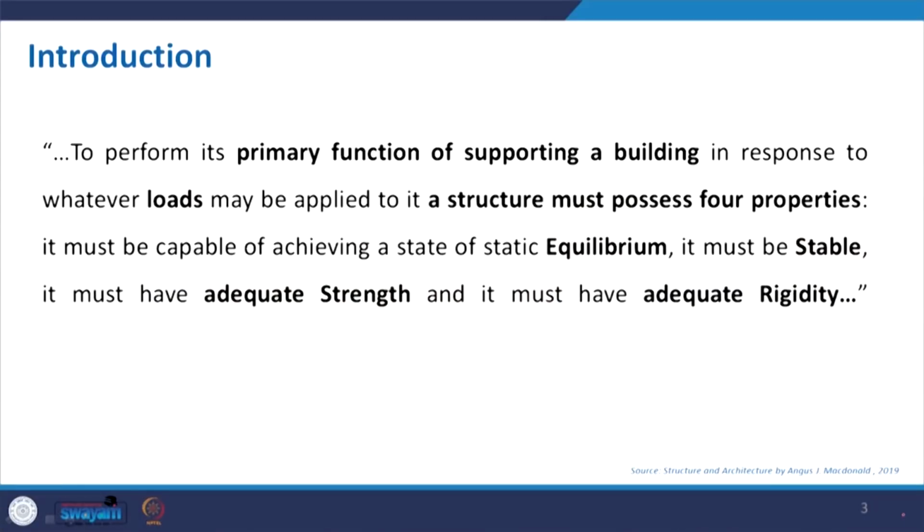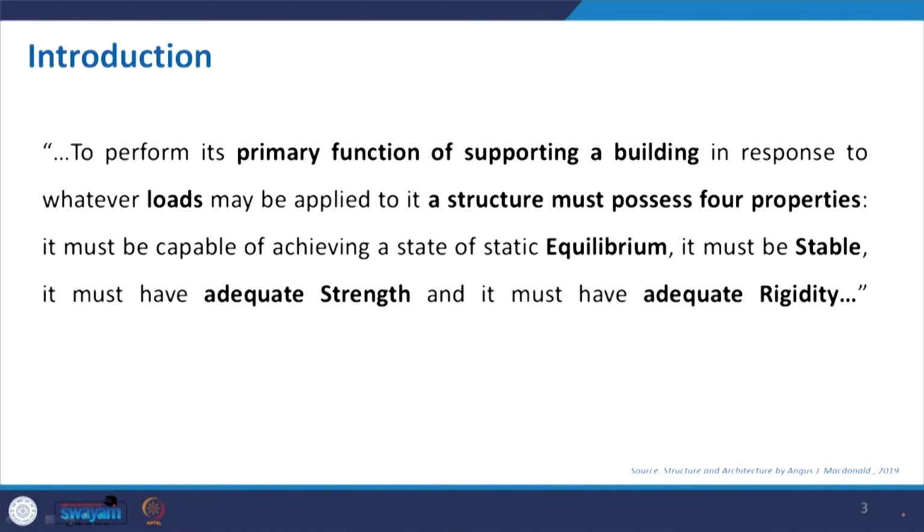So, these are some text taken from the book. Here it says what exactly the requirement is, for what reason we need a structure. The basic or primary function of a structure is to support the building against all imposed loads. To perform its primary function of supporting a building in response to whatever loads may be applied to it, a structure possesses 4 properties.